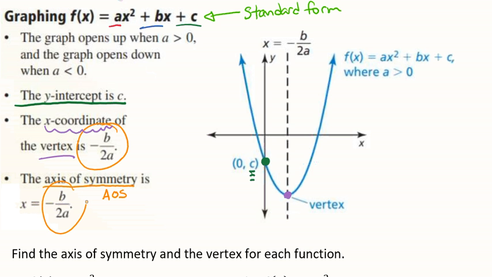Notice that that's the same equation that you would use for finding the x-coordinate of the vertex. Our axis of symmetry is this vertical line, basically, that our graph is symmetrical about. So if this has a distance of 5, then so does this.